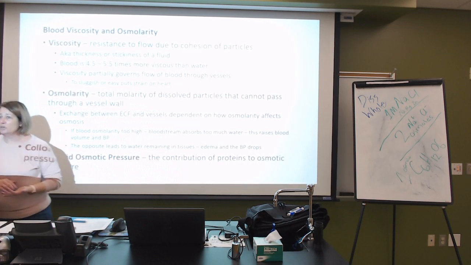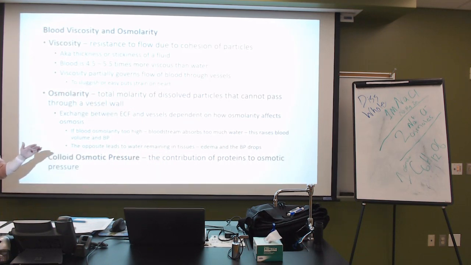Okay, so we'll be continuing with osmolarity, and then how it will affect things if osmolarity is too low. Once again, we're going to find it will affect what happens at that tissue level and the blood pressure.